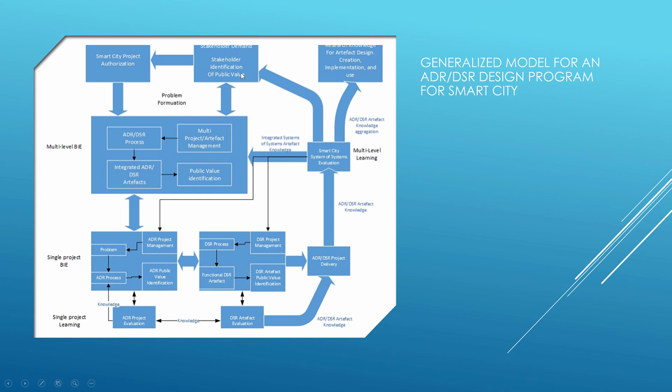And as you can see here, this then meets with the authorization process and the stakeholder demand. And of course, because this is used as a research model, the research knowledge for designed artifacts and implementation and use are recorded so they can be reported as part of a larger research project.